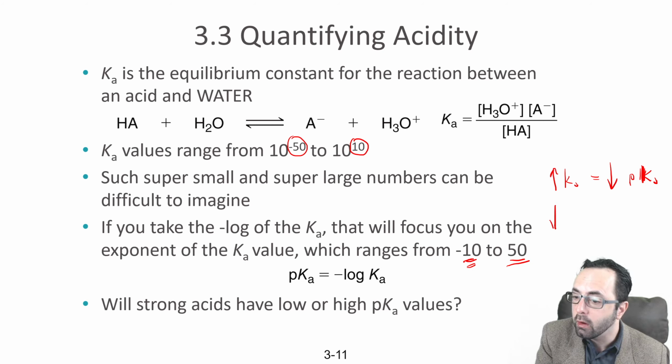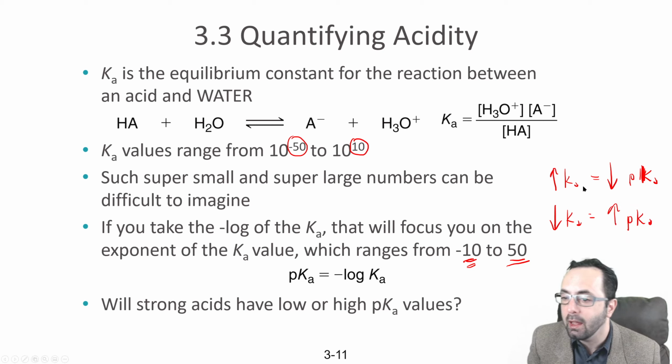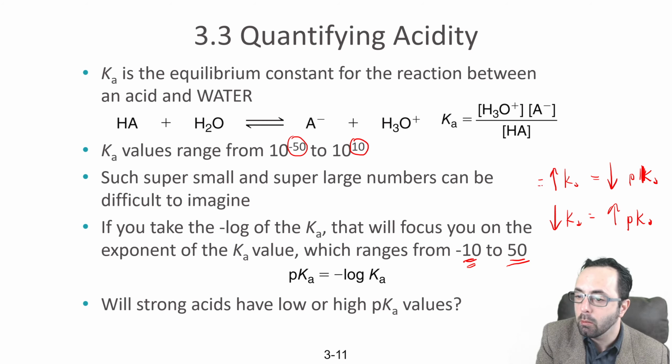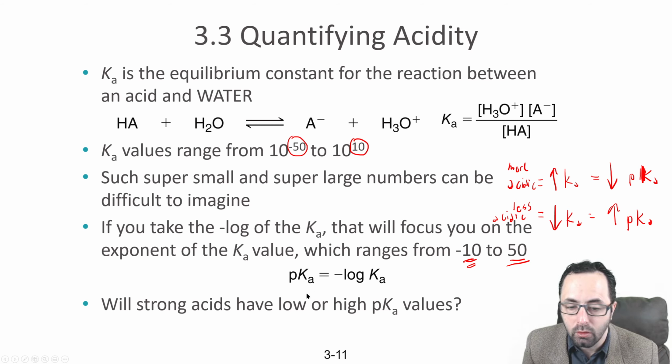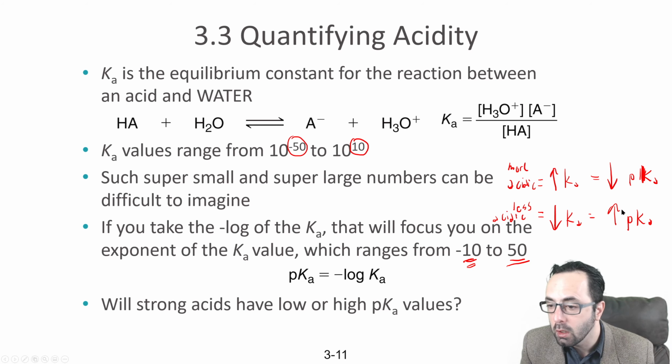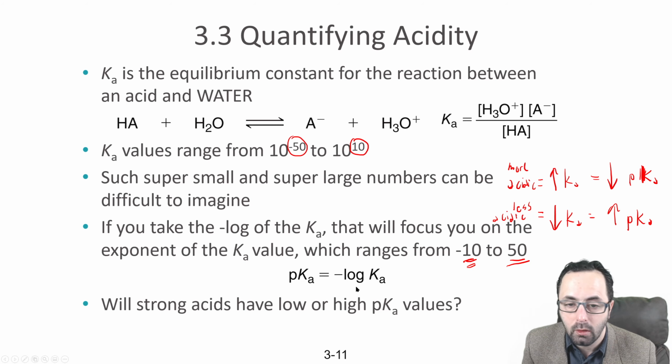And the smaller the Ka, the bigger the pKa. And remember, a higher Ka means more acidic, and this would be less acidic. So strong acids will have low pKa values.